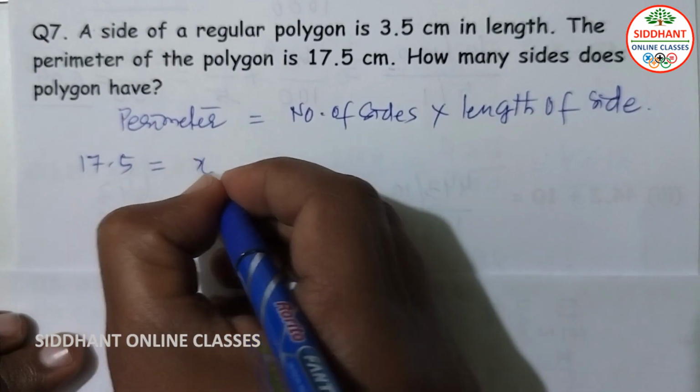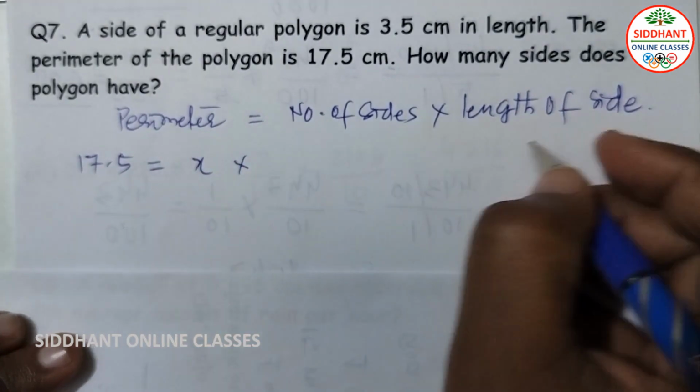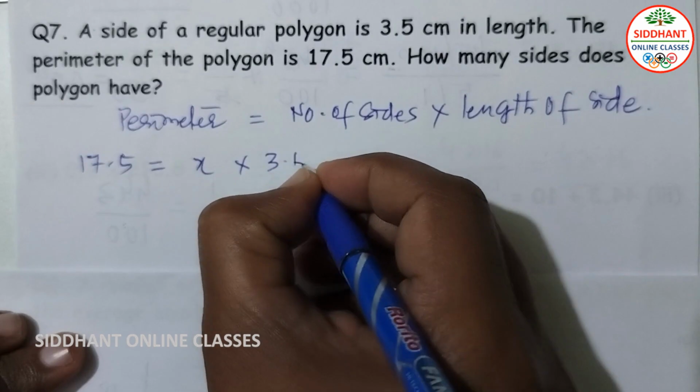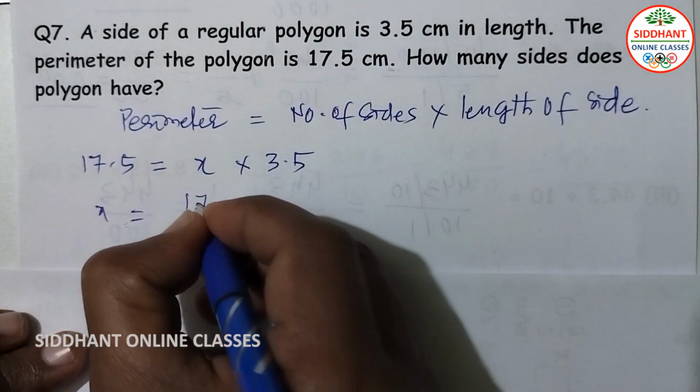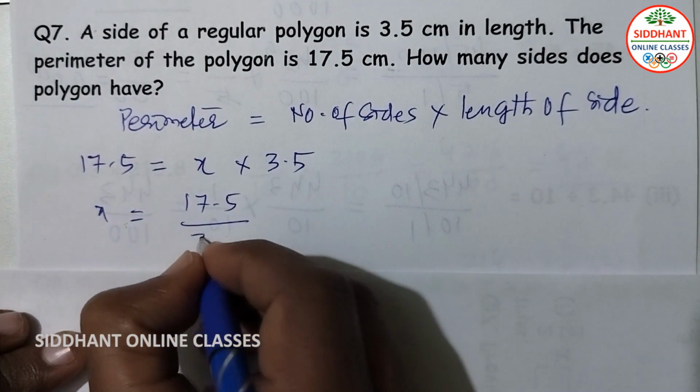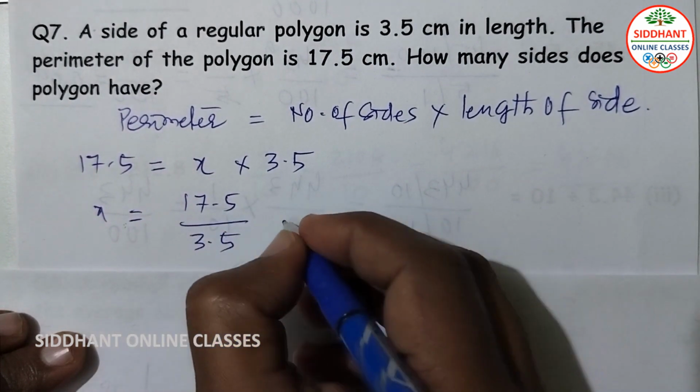Number of sides, let's keep x into length of each side, that will be 3.5. Then x is equal to 17.5 divided by 3.5.